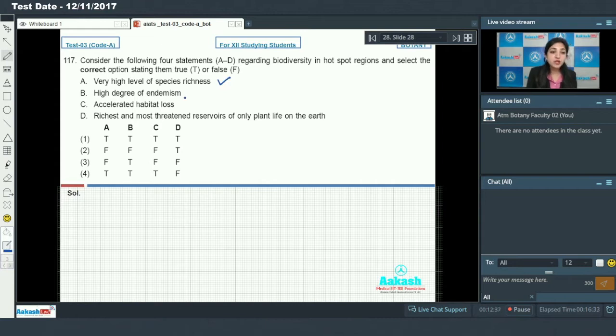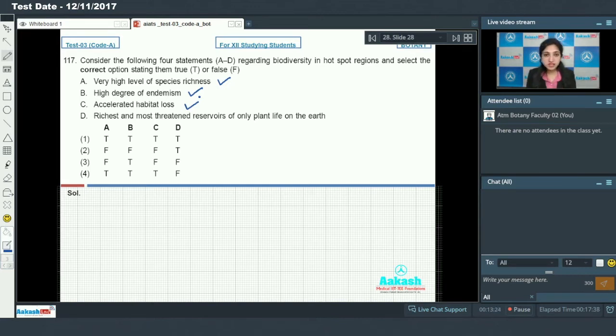Correct. Hotspots have high degree of endemism. Endemism is species confined to that region. Okay. Yes, it has a very high degree of endemism. Accelerated habitat loss, true. Frequent habitat loss is observed in the hotspot region. Richest and most threatened reservoirs of only plant life on earth.